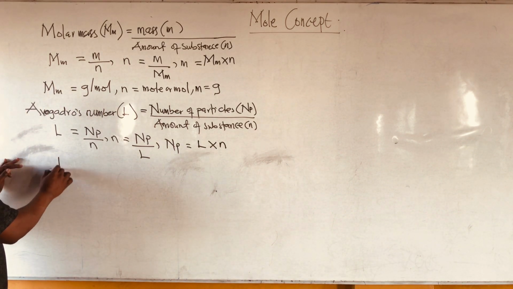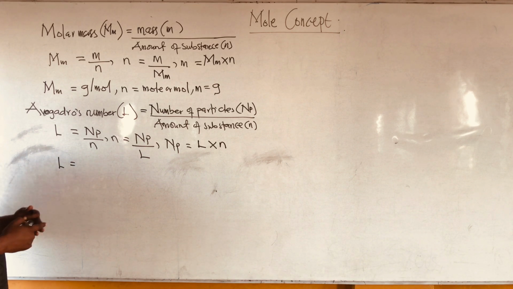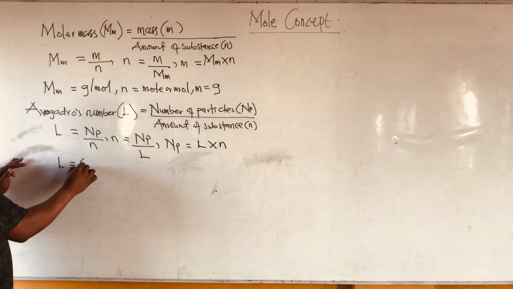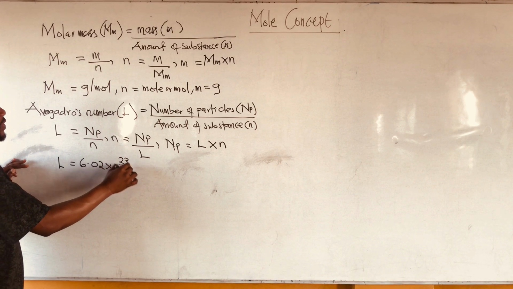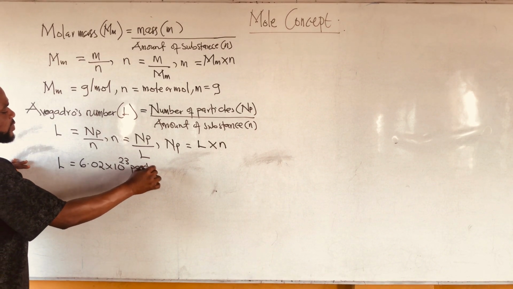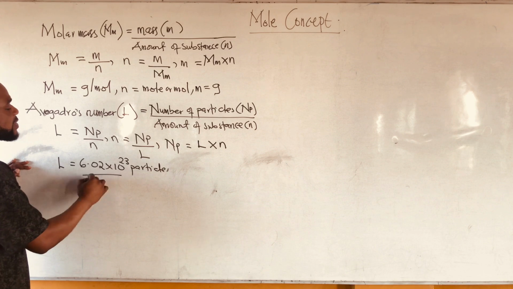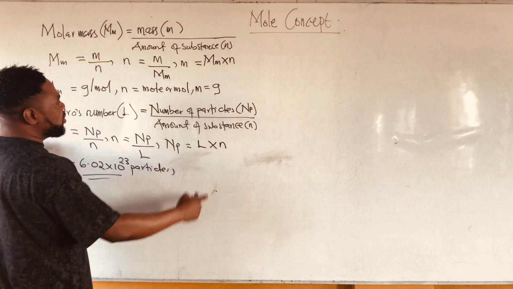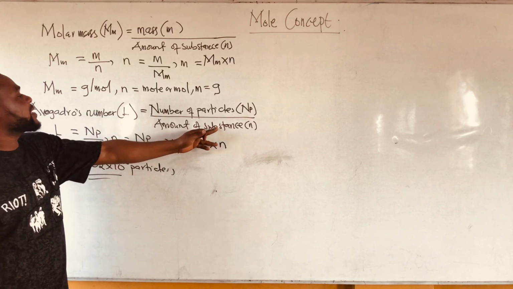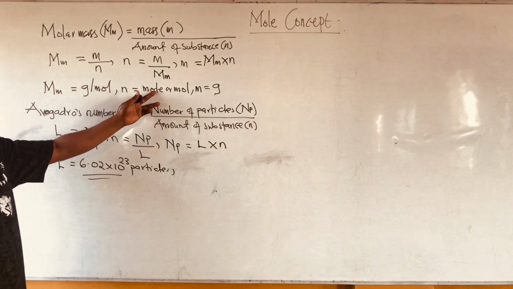Don't forget that Avogadro constant is a constant number given as 6.02 times 10 raised to the power 23 particles. The unit of amount of substance is already mole.